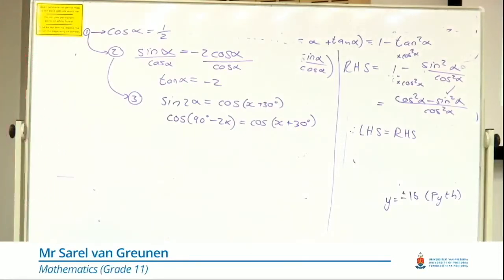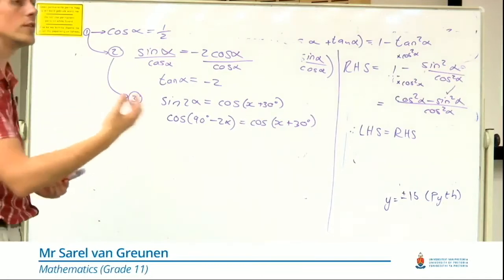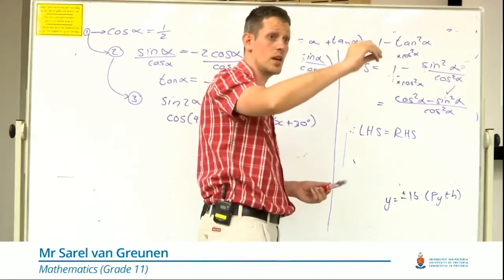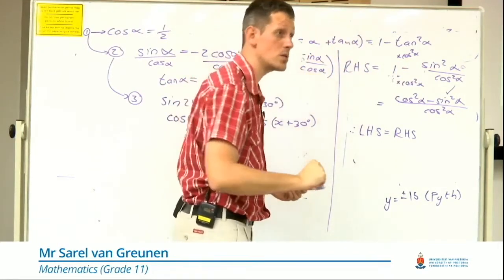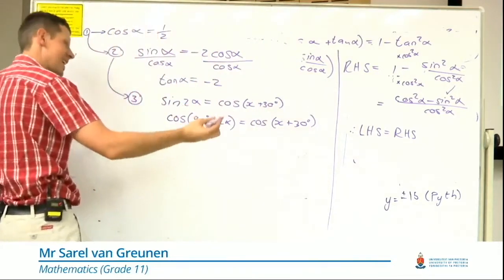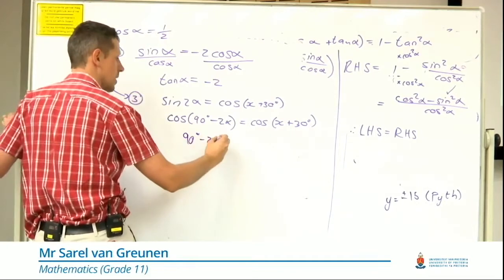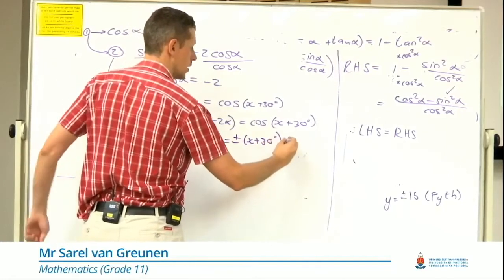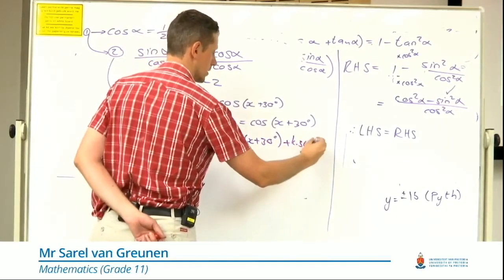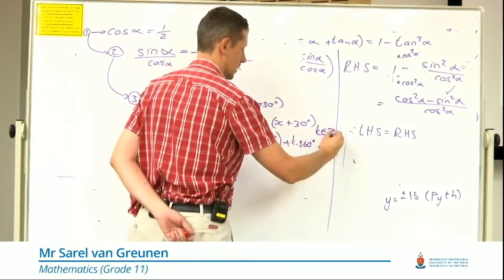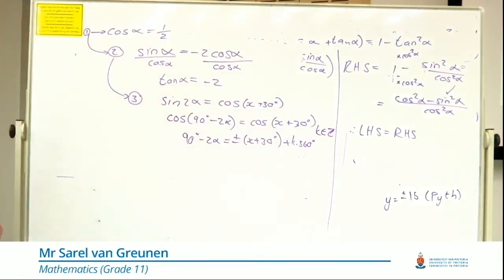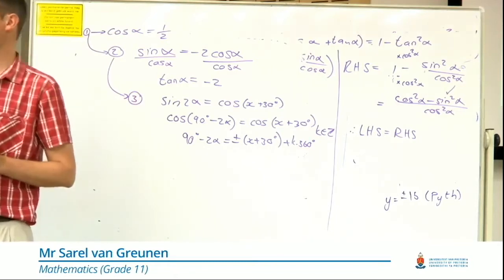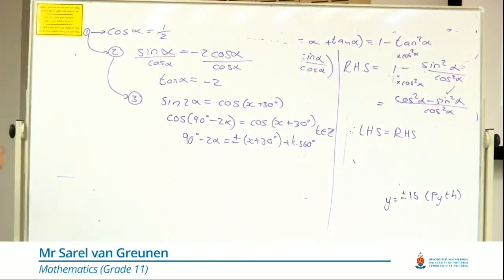Everyone's all right with that? But now, you've got to go and look at how did your teacher teach it. If I look at the method where you use that plus minus for cos, the rules, you are going to say, okay, 90 degrees minus 2 alpha is plus minus x plus 30 plus k times 360. But k is an element of z. Then you're going to separate them and you're going to solve them. If you did reference angles, this sum, you would have to split up.